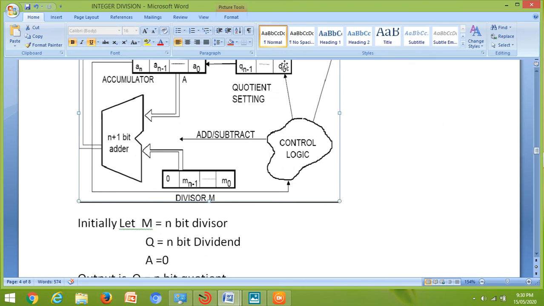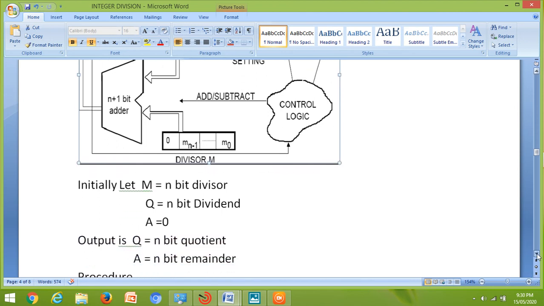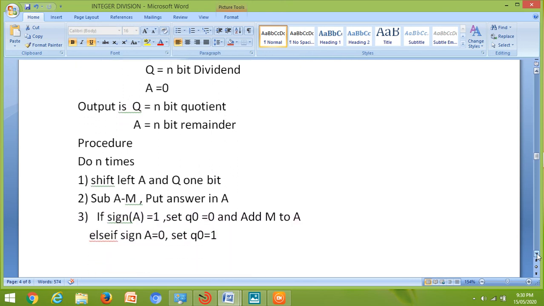So only this bit is modified, the last bit of Q. So you subtract A minus M and check the MSB of A. If the MSB of A is 1, then you put Q0 as 0, and again you have to add M to A. If the MSB is not 1, it is 0, then you just put Q0 as 1. Don't do anything, don't add M to A.